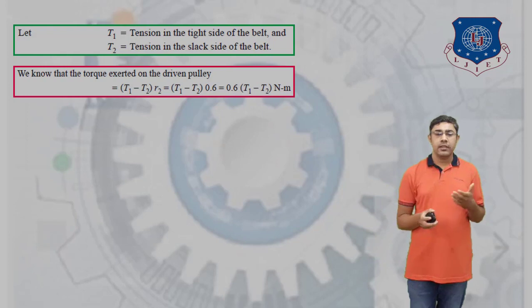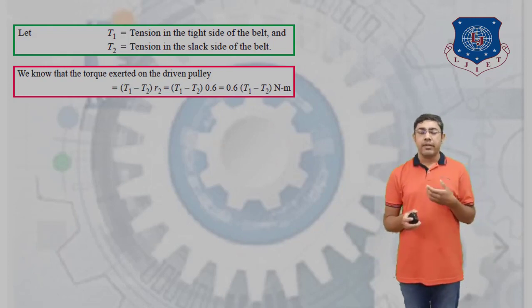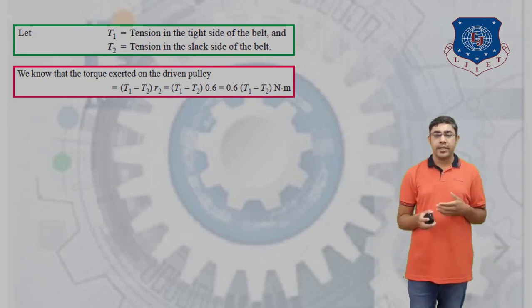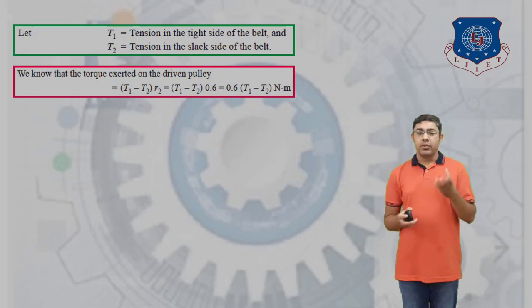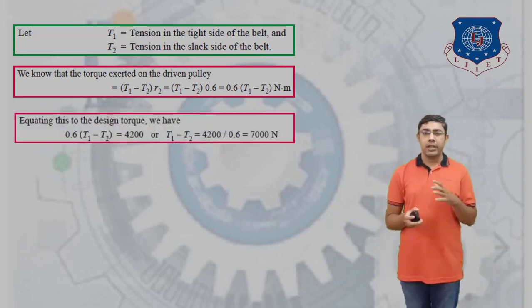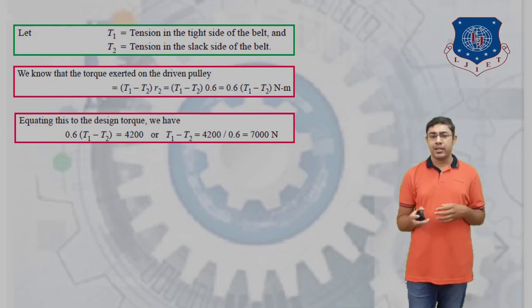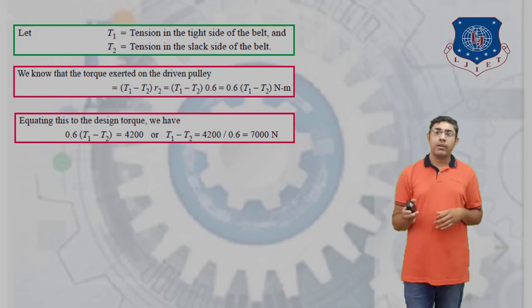So the torque acting on the driven pulley is 0.6 into T1 minus T2 Newton meters. Equating this with the torque calculated in the previous slide, we get 0.6 into T1 minus T2 is equal to 4200.